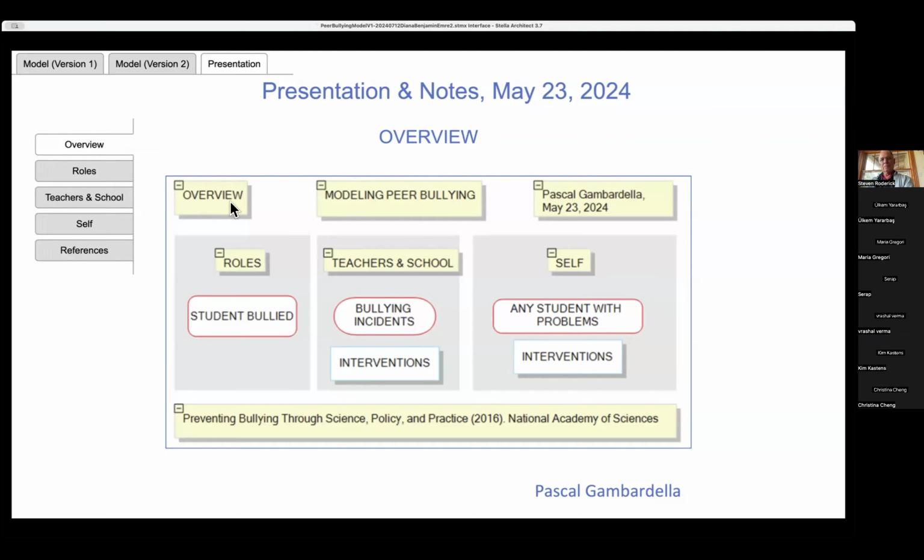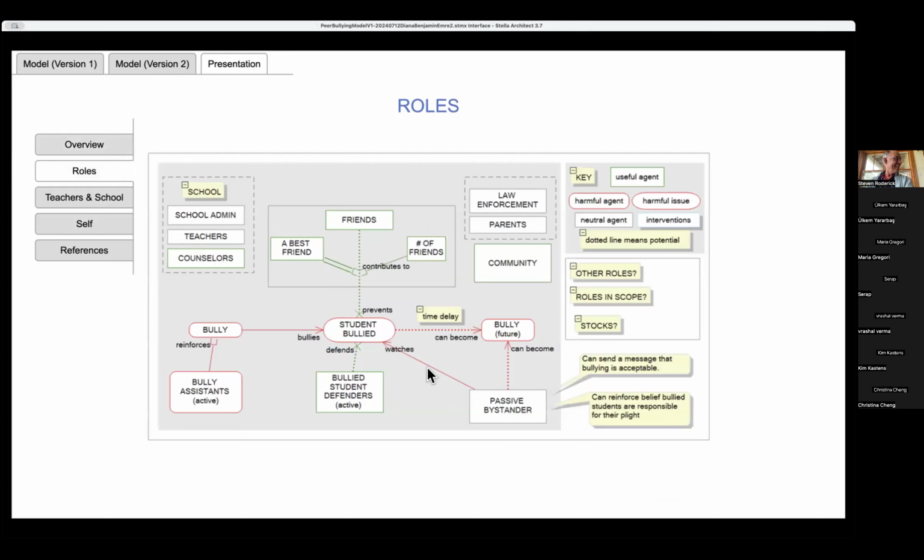So this slide was a very high overview on bullying incidents in schools and the roles of individuals that might be important. The next talked a little bit more about the bully and the students who are bullied, and there's more detail in here specifically about students who were bullied.